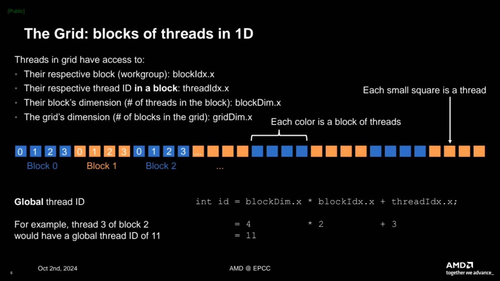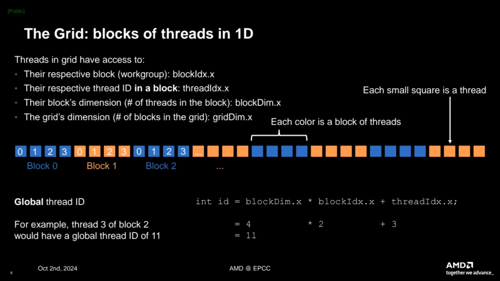So in terms of querying the information of the grid, threads in the grid have access to, for instance, their respective block or work group, according to AMD's terminology, which can be obtained by using this syntax here, blockIdx.x, if we're assuming we're on a 1D grid for now, for simplicity.